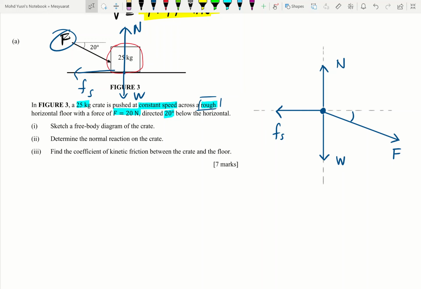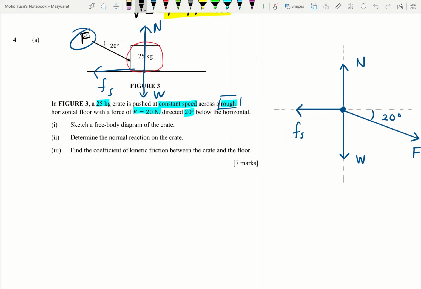Okay, kita labelkan angle theta. Vector F is 20 degree below, berada di bawah horizontal, so 20 degree. So that is question number 4, A1.